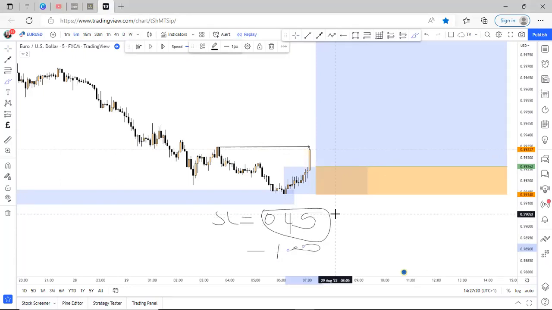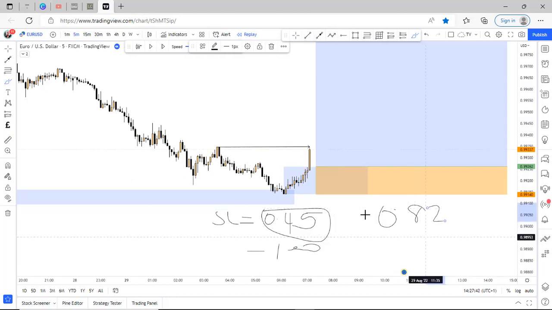So right now, being able to get these 12 pips stop loss, we are now able to use at least 0.82 lot size as opposed to 0.45.